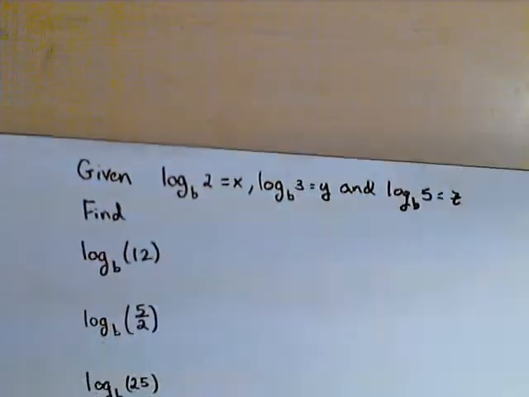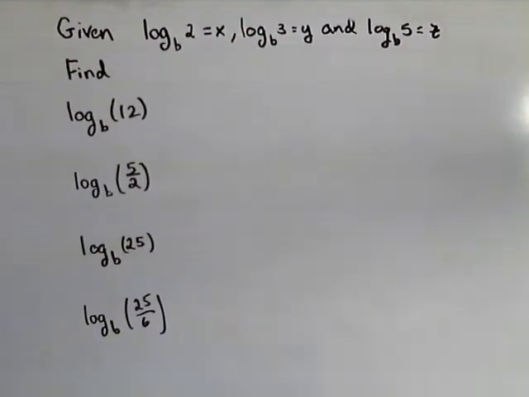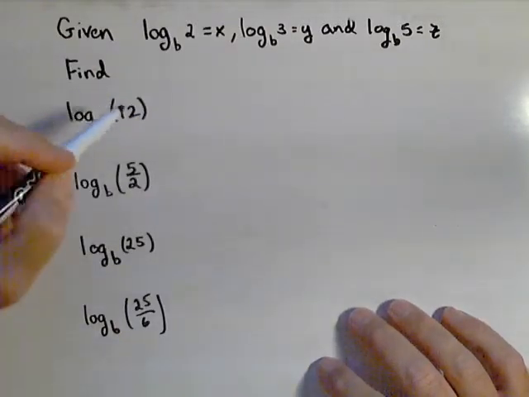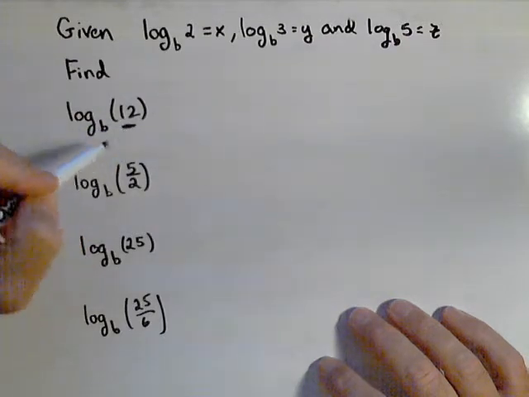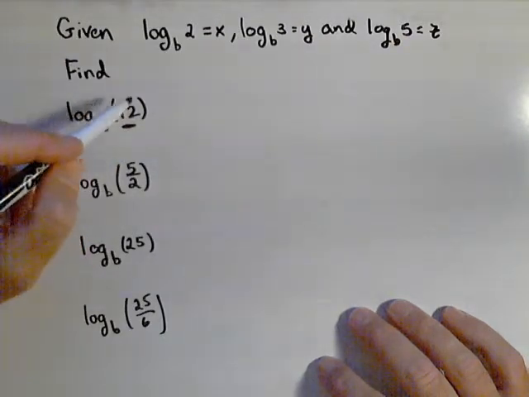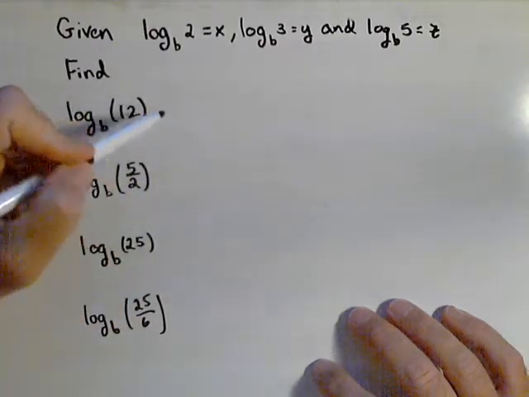So here's what we have. We're given log base b of 2 equals x, log base b of 3 equals y, and log base b of 5 equals z. We want to find the following in terms of x and y and z. Because we don't have 2 here, we'd like to rewrite this so that it's some formation of 2, 3, and 5.